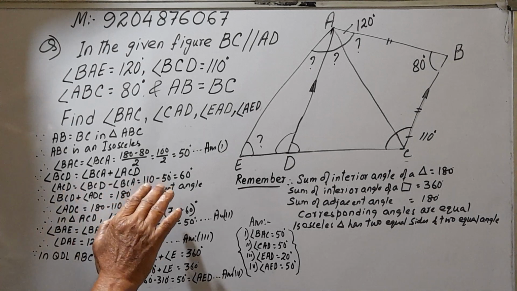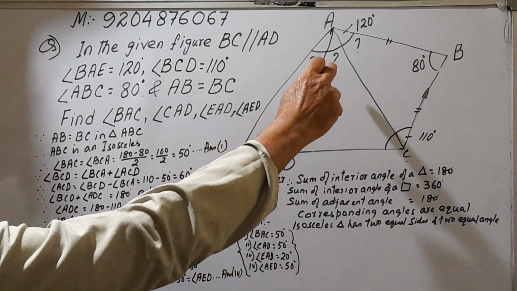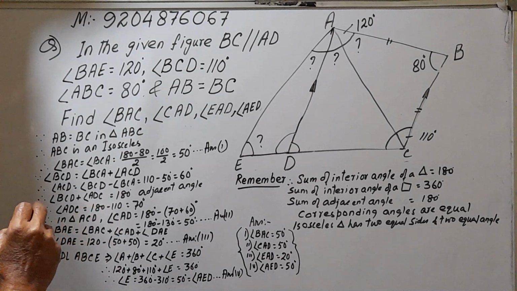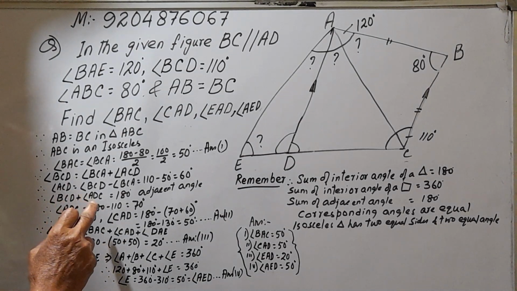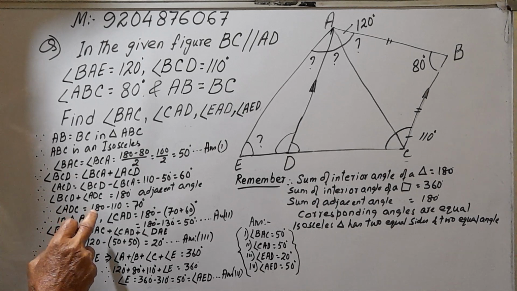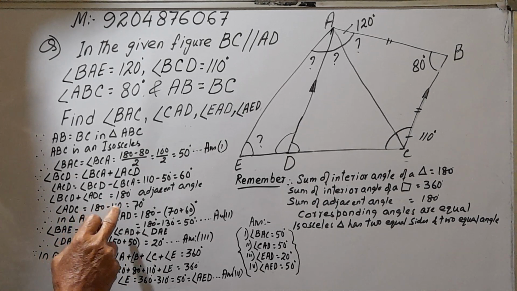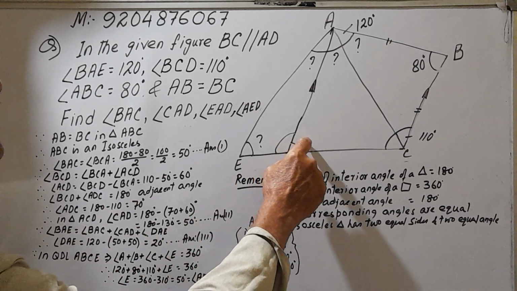I have mentioned all these things; it is not asked, but we need to know this angle. Now angle BCD plus angle ADC equal adjacent angles. Therefore angle ADC is equal to 180 minus 110, which is 70 degrees. This angle is 70 degrees.